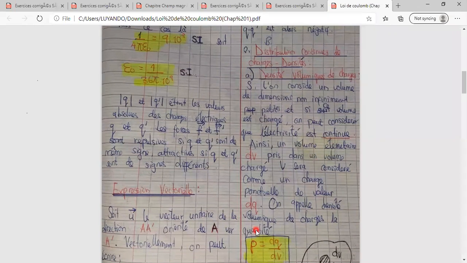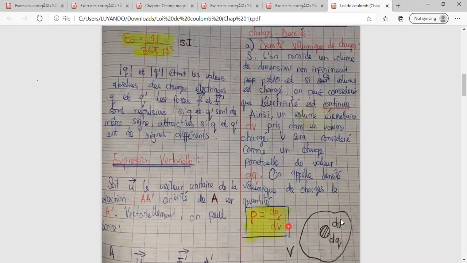This passage is simply trying to tell us that if we take this representation of a certain amount of volume, we have V, the whole thing.